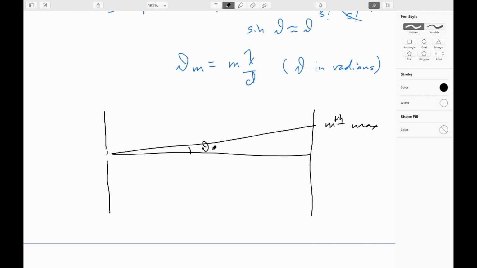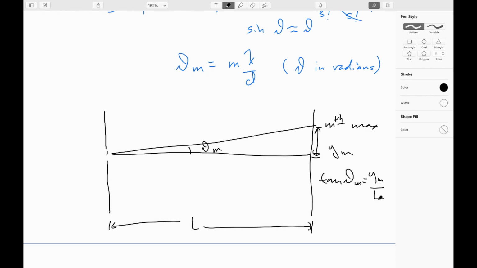So this is my angle theta m here. If this distance is L from the slits to the screen, and we say that this distance here is y sub m, well, okay, we can say that the tangent of theta m is equal to ym over L.